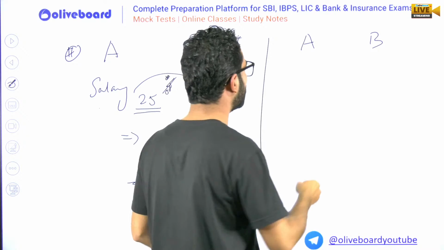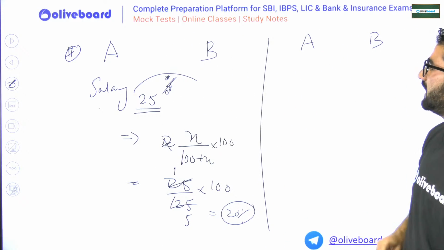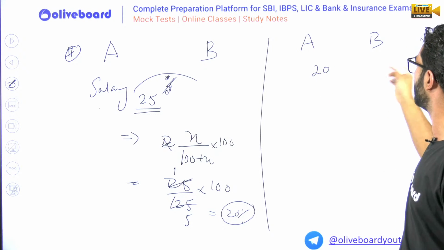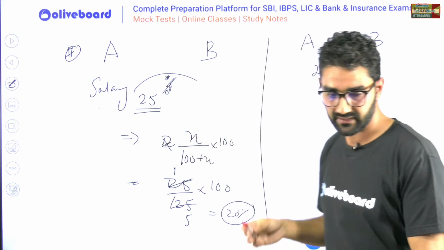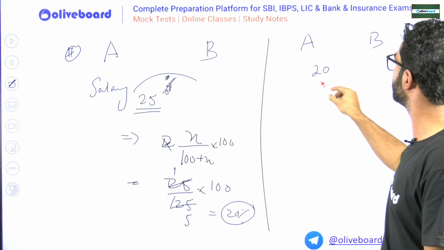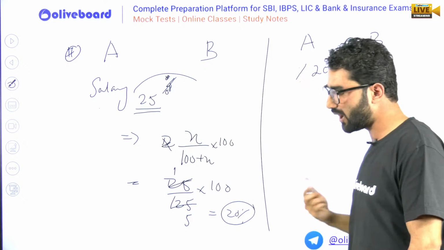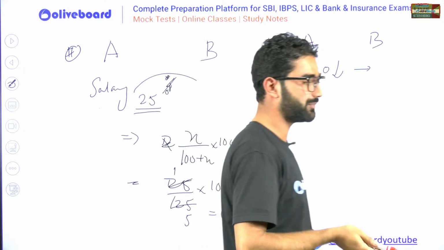Okay, now if you see that A and B are there, if I say that the salary of A is 20% less as compared to B, now you ask me the salary of B will be more as compared by how much percent.